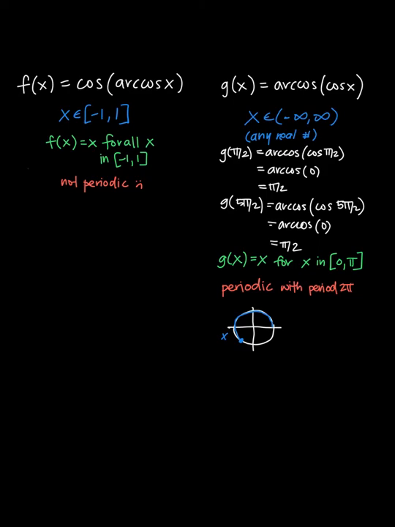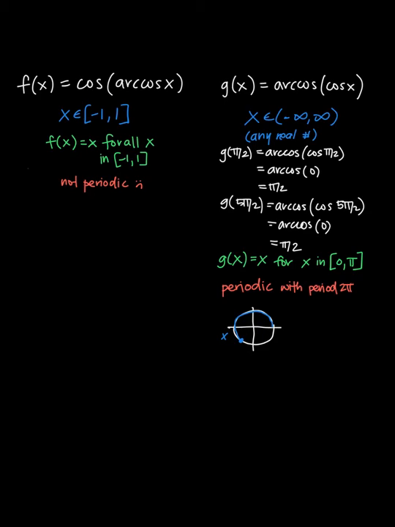I've put it here in the third quadrant, and it is some distance traveled around the unit circle that's greater than pi but less than 2 pi. And I want to know, as I apply g to it, first, what is its cosine value? Well, its cosine value is going to be its x coordinate located on the unit circle. And let's take a look then at what arc cosine of this cosine value would be.